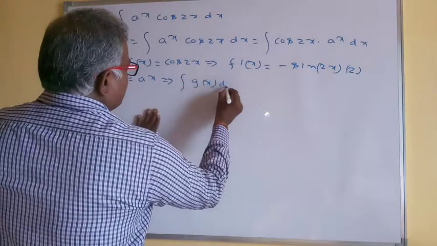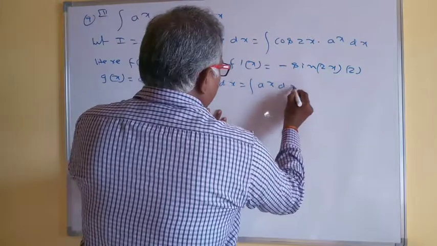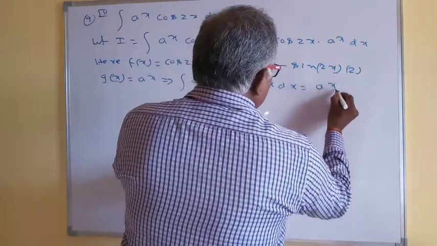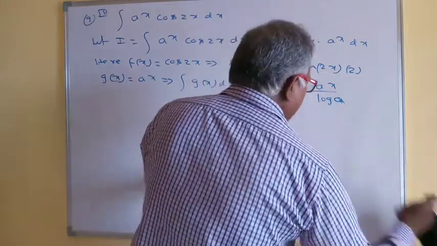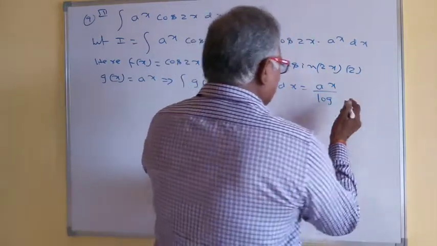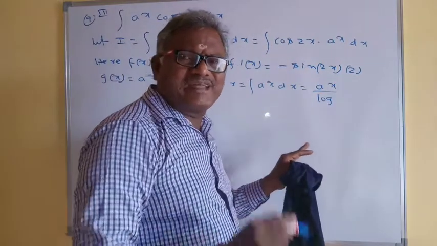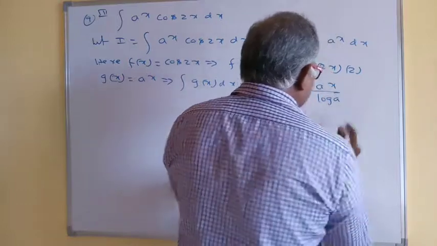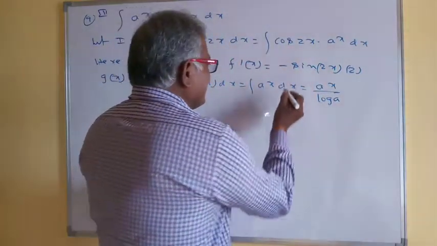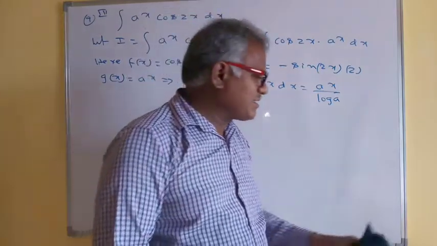For a power x, the integral value is a power x by log a. In differentiation, derivative of a power x is a power x into log a. Here in integration, integral of a power x is a power x divided by log a.